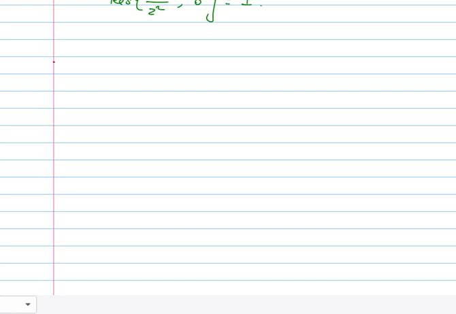So I will give the 4 formulas. The first formula, formula number 1: if z equal to a is a simple pole for f of z.